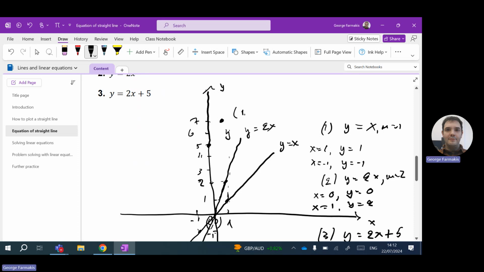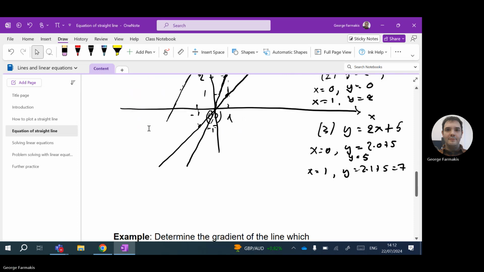So this is the point 1, 7. And the line y equals 2x plus 5 is this one. It's parallel to the line y equals x. Again, given the equation of a straight line, we can use it to find 2 points, and then we can draw the line.